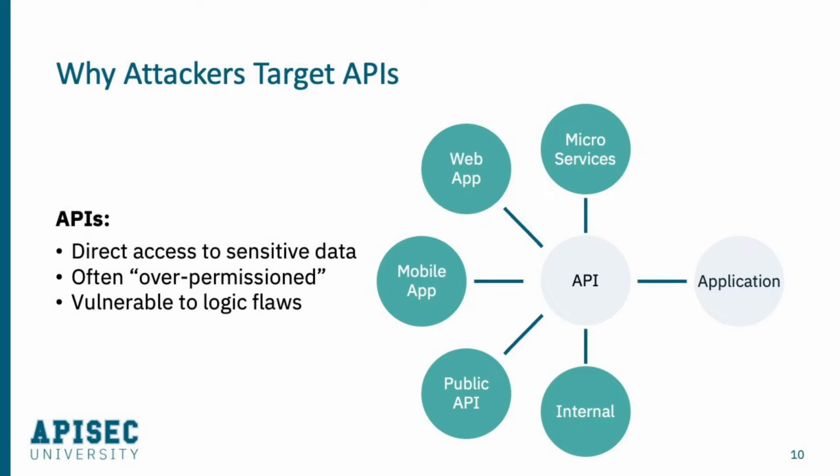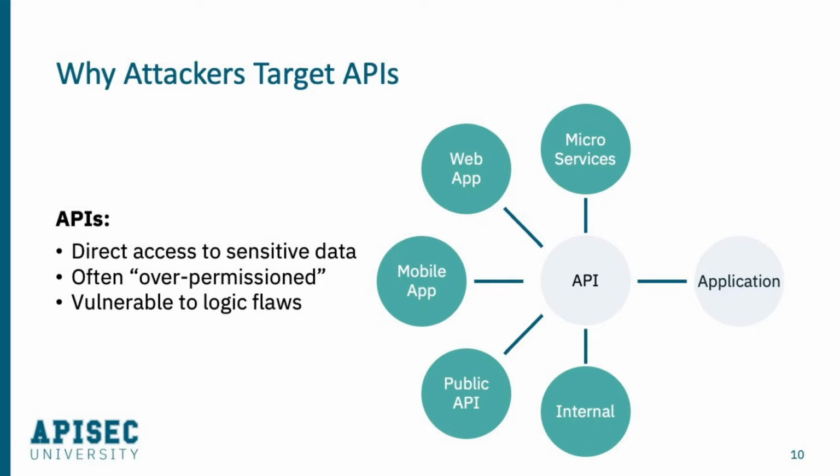If I want to book a vacation or upload a file to a file share or send a message through a messaging platform, all that functionality exists on the back end, but that functionality gets exposed to the user through APIs, whether that be through a web app that's using the APIs to communicate with the back end, or a mobile app, or it's powering the microservices and internal applications that make all this functionality possible, or we're publishing APIs so that our customers and partners and third parties can make use of this information.